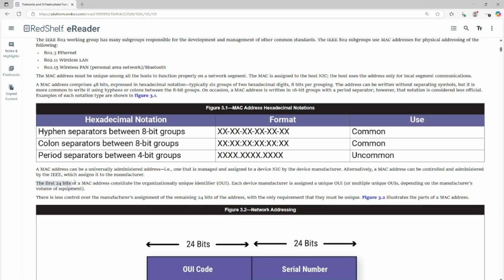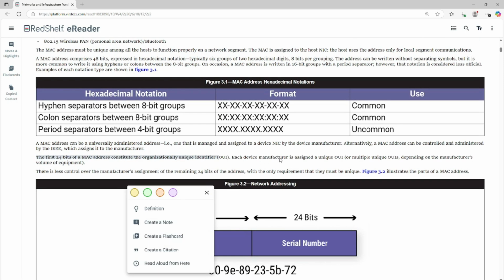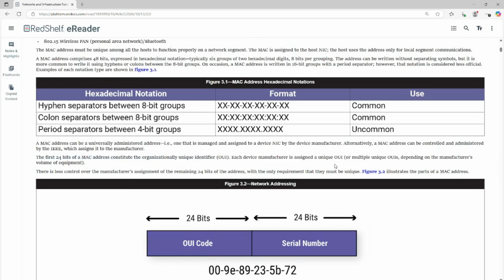The first 24 bits of a MAC address constitute the organizational unique identifier. Each device manufacturer is assigned a unique organizational unit identifier or multiple organizational unit identifiers, depending on the manufacturer's volume of equipment.